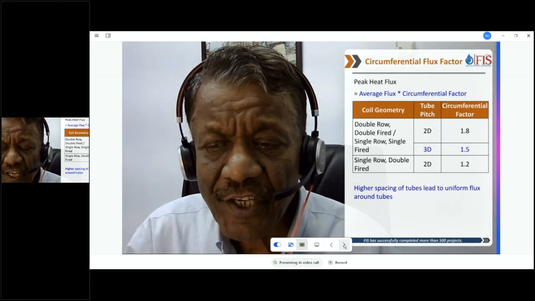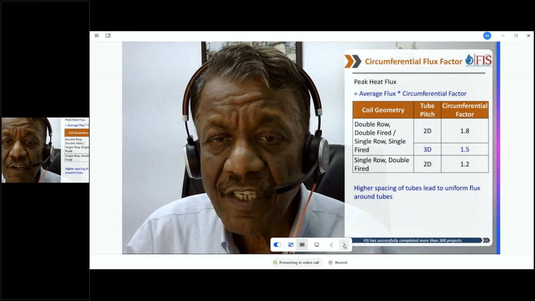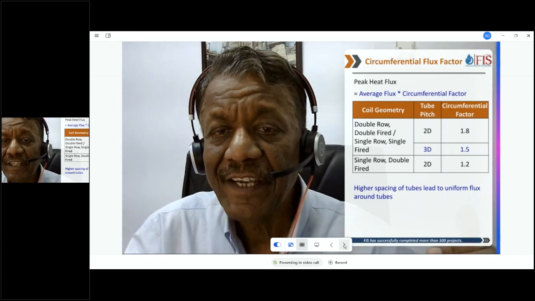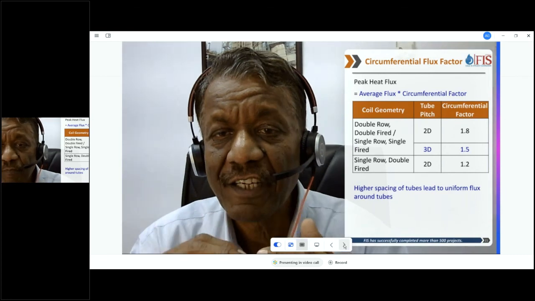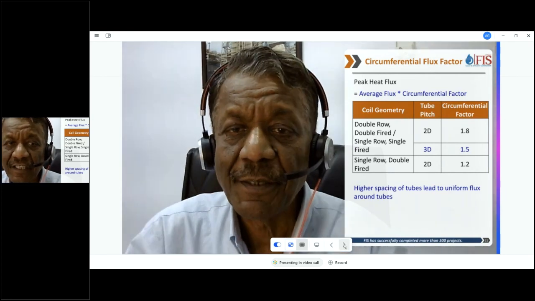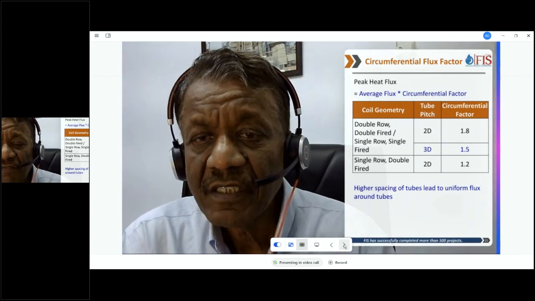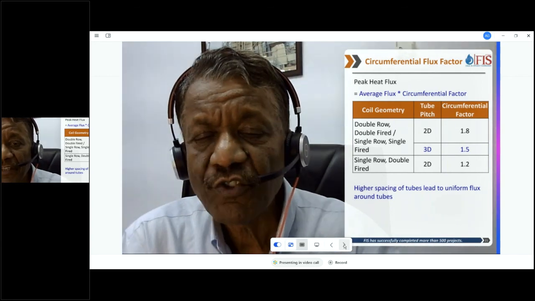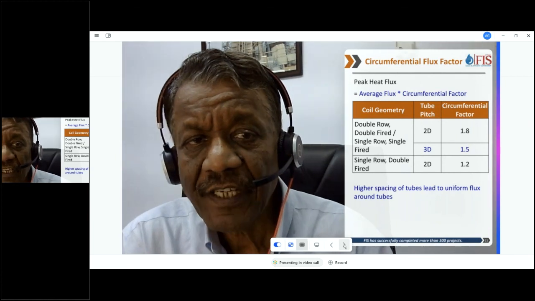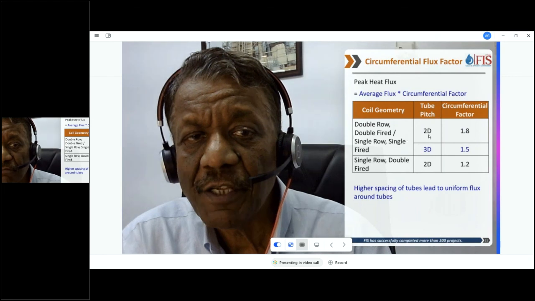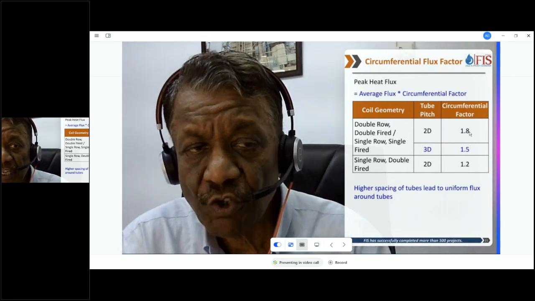The heat transfer across the furnace, across the tube is not uniform. It is the highest at the place where the flames are seeing the tubes, at the front of the tube, and lowest at the back. So this circumferential factor defines the average to max ratio. Generally for normal 2D pitch tubes, the circumferential ratio is 1.8.